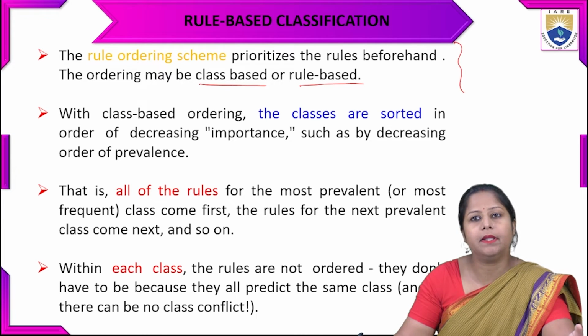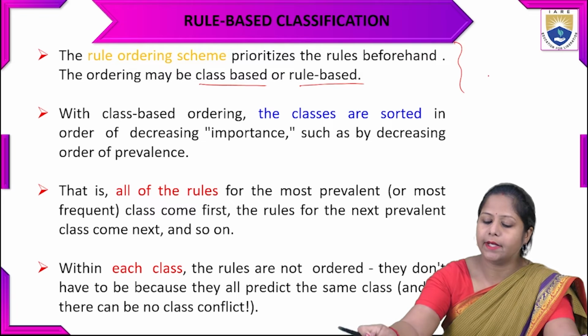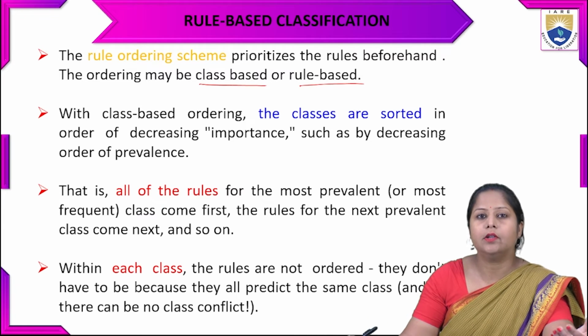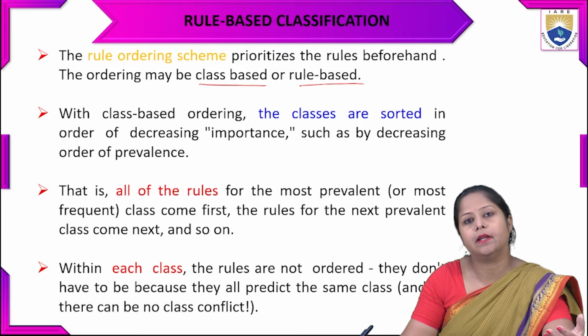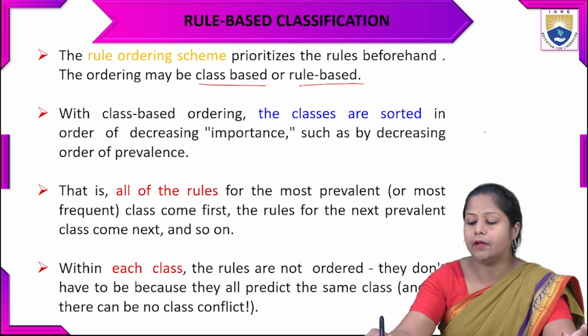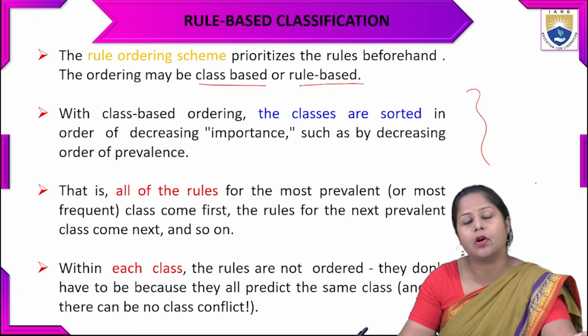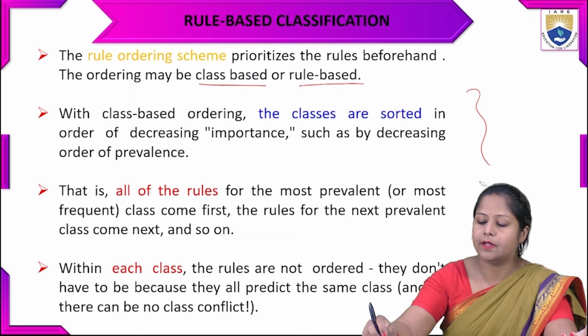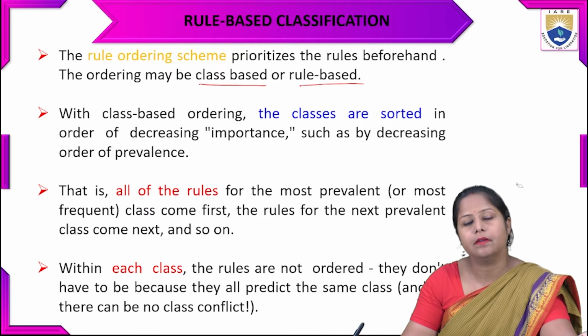In class based ordering, the classes are sorted in decreasing order of importance, that is, decreasing order of prevalence.